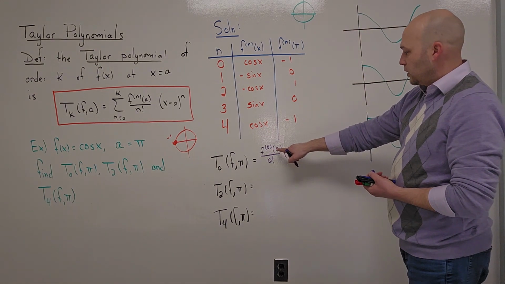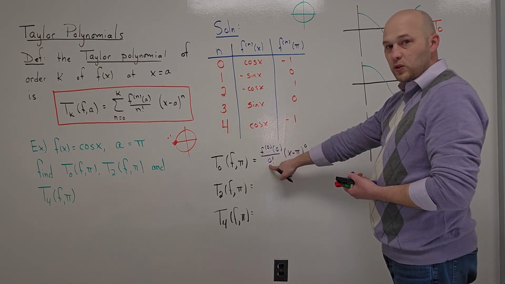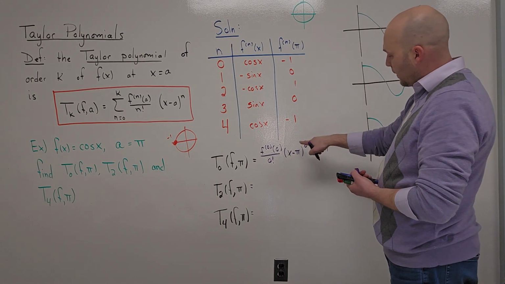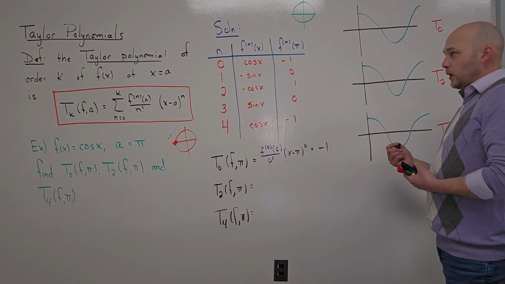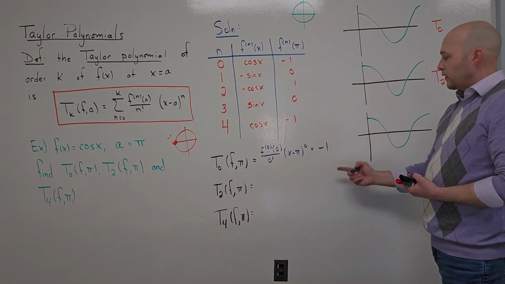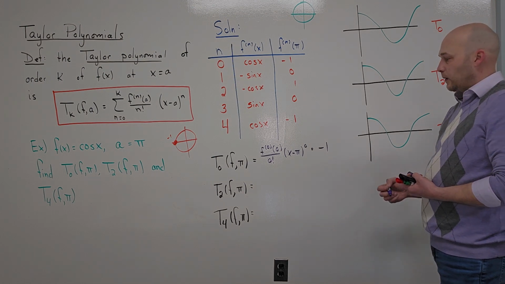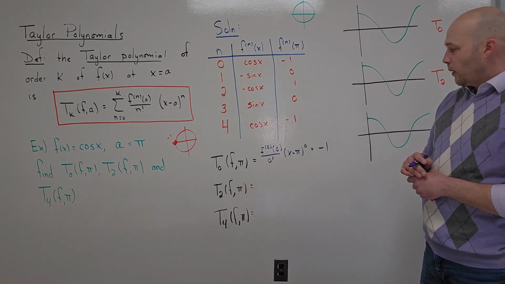The 0th derivative at pi is negative 1. 0 factorial is 1. Anything to the 0 power is 1. So the Taylor polynomial of order 0 of the cosine function is negative 1. We'll see intuitively what that's representing in a few moments.